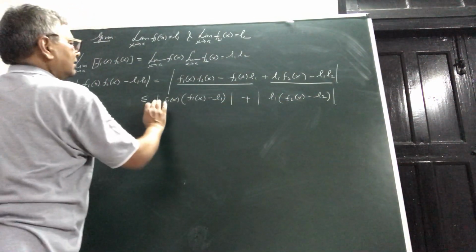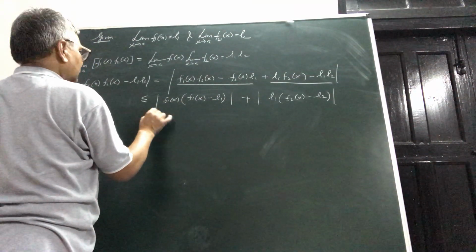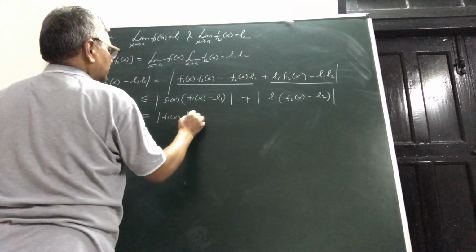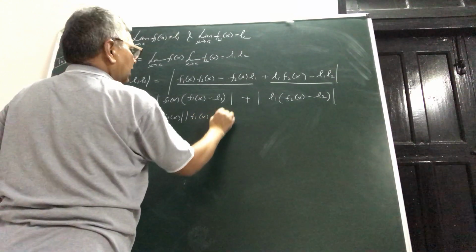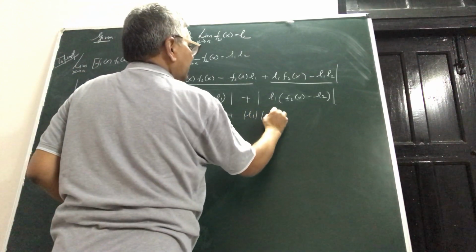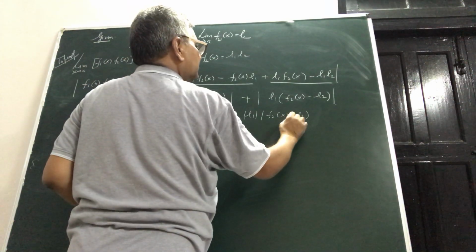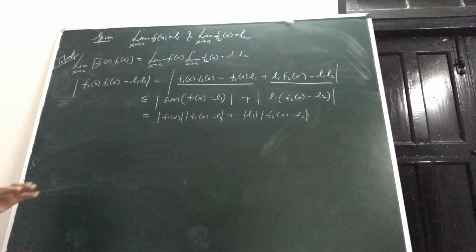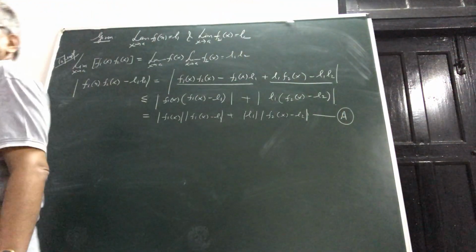Now again, mod z1 z2 is equal to mod of f1x times mod of f2x minus L2 plus mod of L1 times mod of f1x minus L1. We are writing this as equation A.